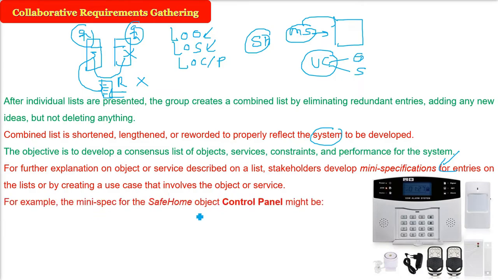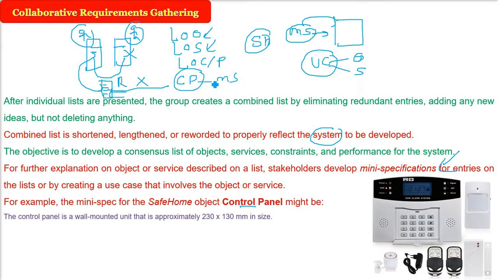So I'll show you a mini spec for this particular project, SafeHome security, where say the control panel object needs to be discussed more. So how can this control panel be written if a stakeholder wants a mini spec? The mini specification will say the control panel will be a wall mounted unit, and the size is around 230 by 130 millimeter.